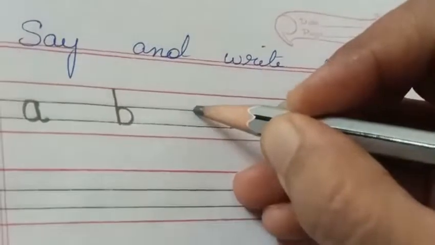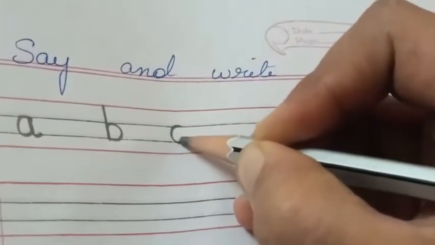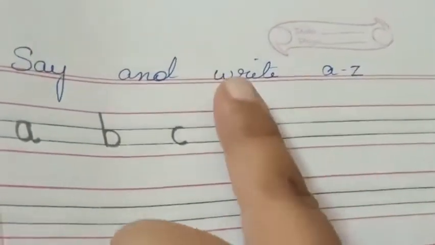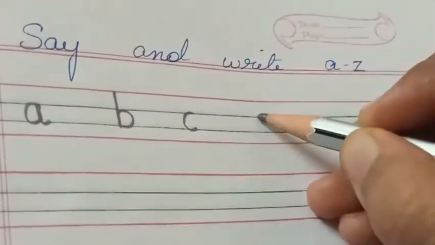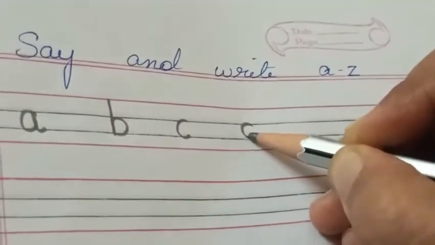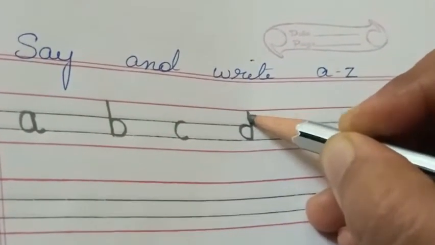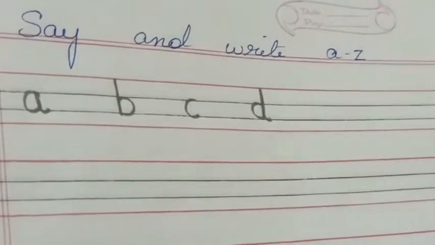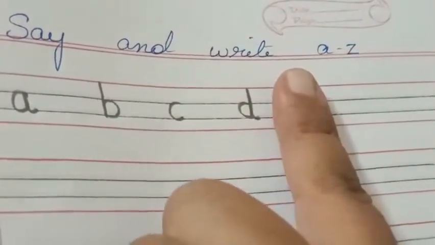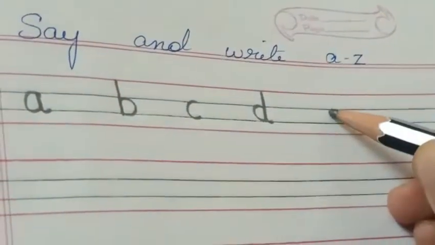Now comes letter C. Left curve. Give one finger space. Now comes letter D. Left curve, go up, draw a standing line, come down. D. After D comes E. Sleeping line.